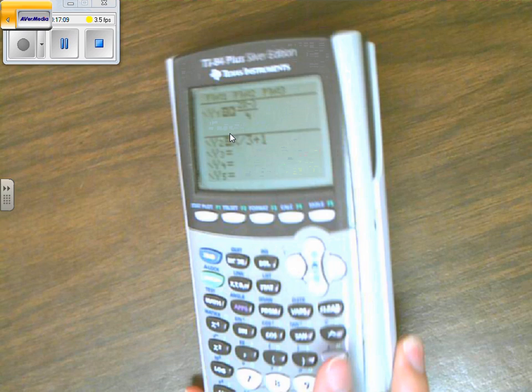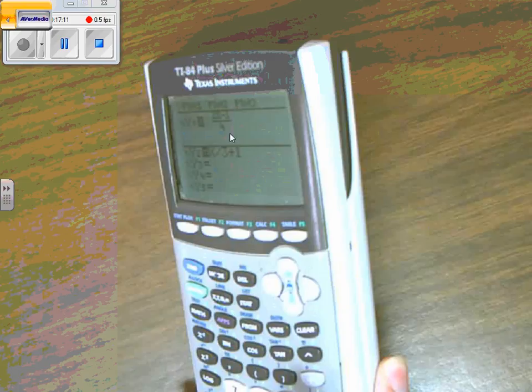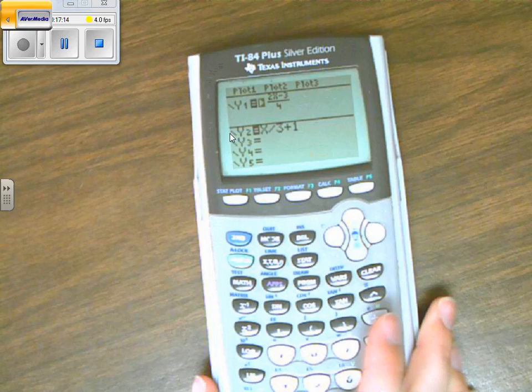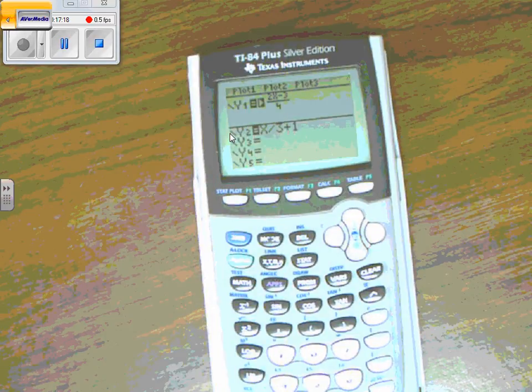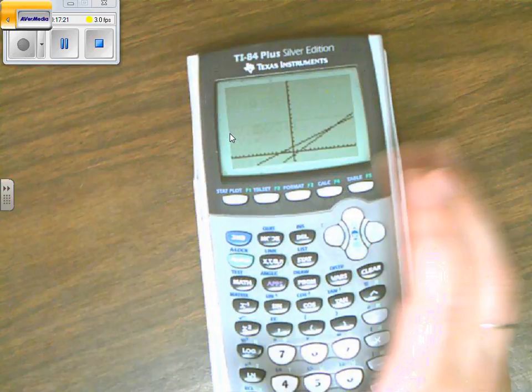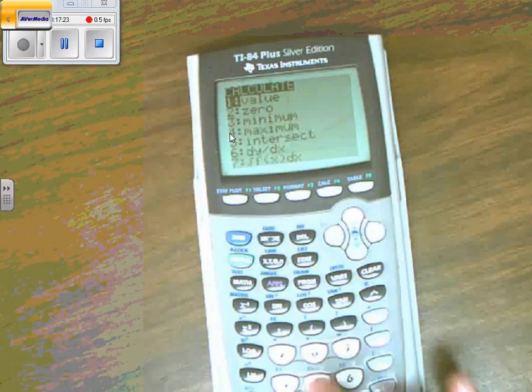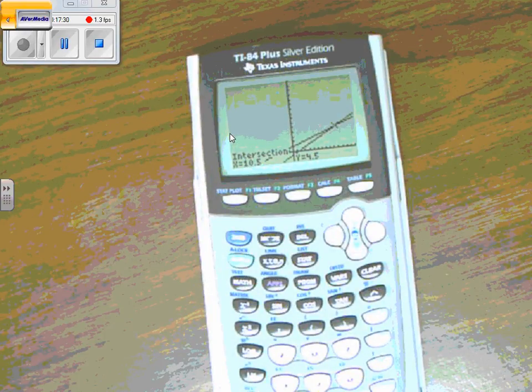The original equation had a 4. 2x minus 3 over 4. Oh, it's 3 over 2. Any questions? I got 10.5. And that is actually the only part that matters, is the X value, because you're trying to solve for X.